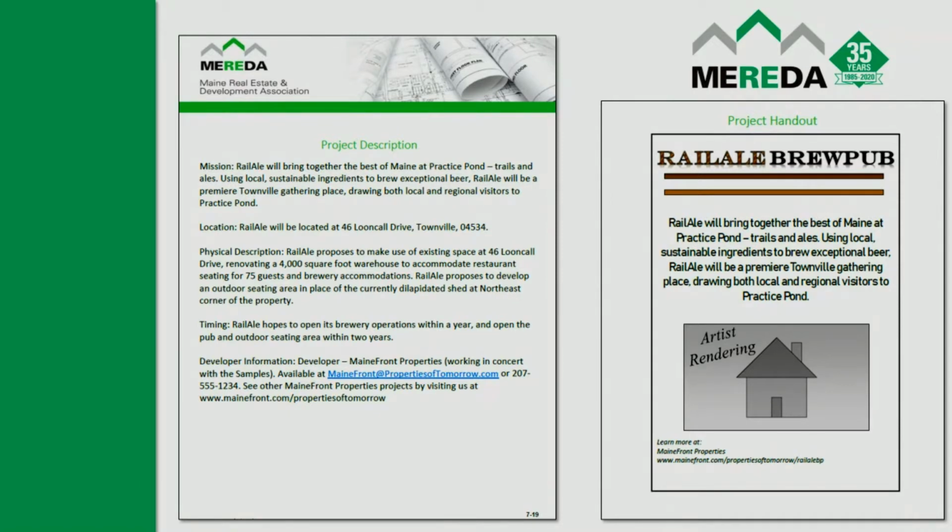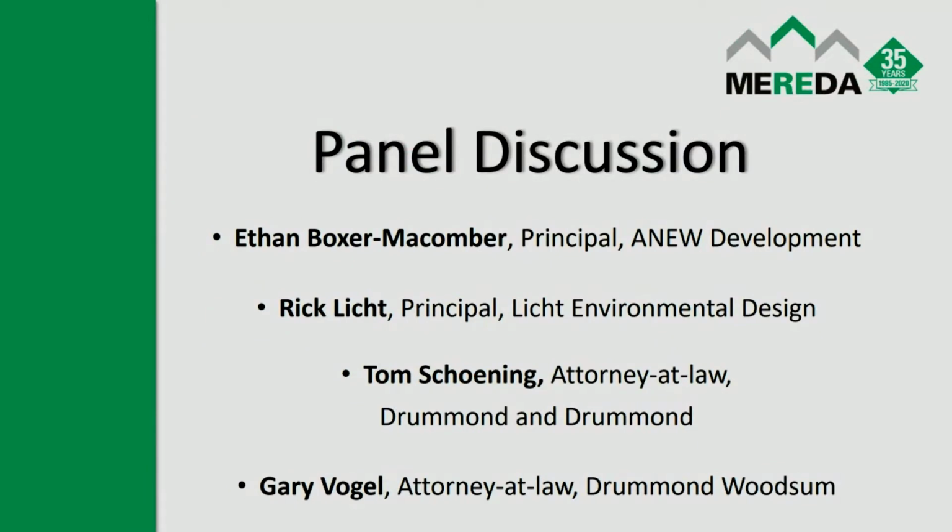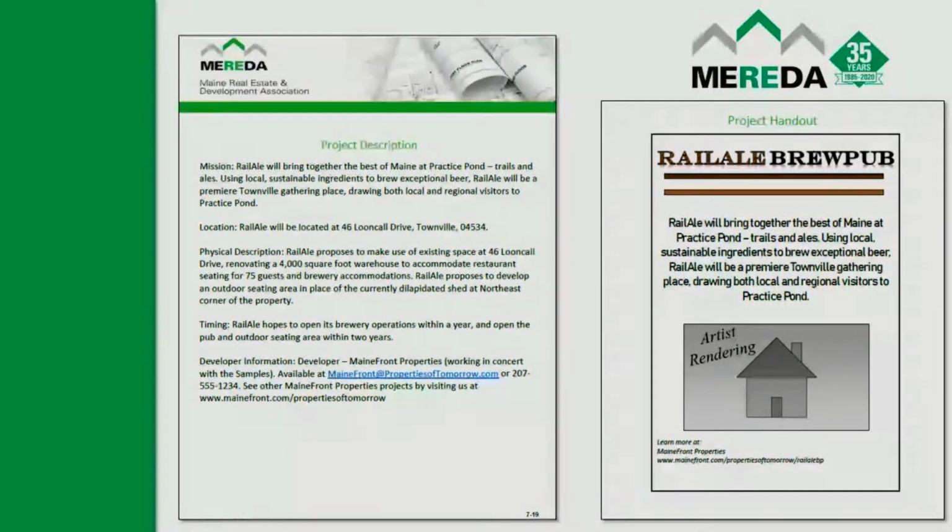And then the other elements of a project description include the location, the physical description, an estimate of the timeline for the project so that the community knows how long construction will be going on. And if possible, think about putting those elements into a one-page handout similar to what is represented here on the right, that is something that can be handed out to local community members and interested parties as you move through the development process.